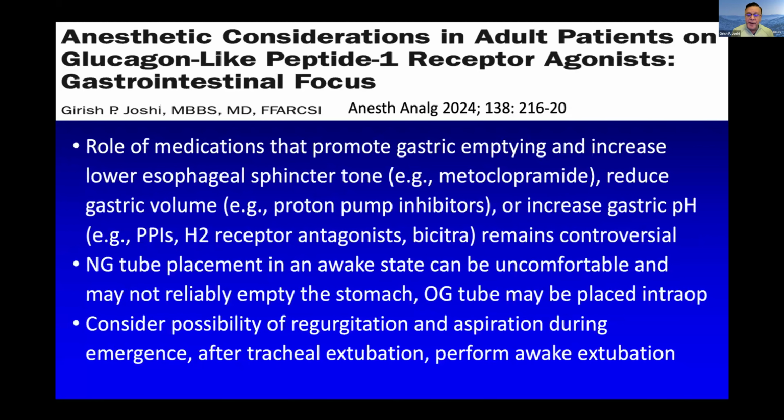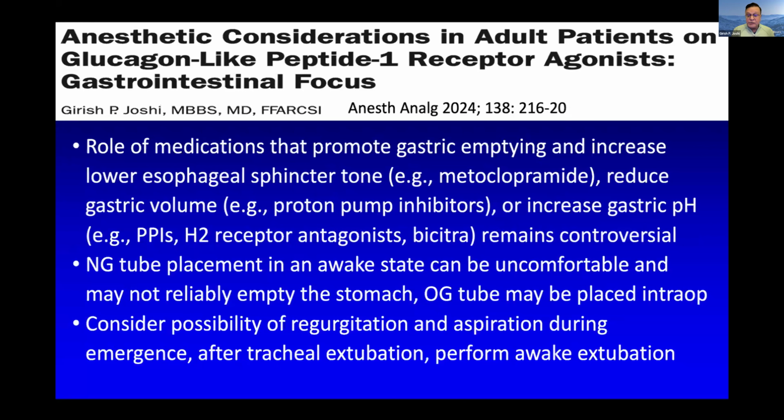There are other aspects of rapid sequence induction or trying to use drugs that could promote gastric emptying, such as metoclopramide, proton pump inhibitors, or drugs that increase gastric pH. Use of all these drugs remains controversial, particularly when I see people using drugs that increase pH, PPIs, or H2 receptor antagonists.